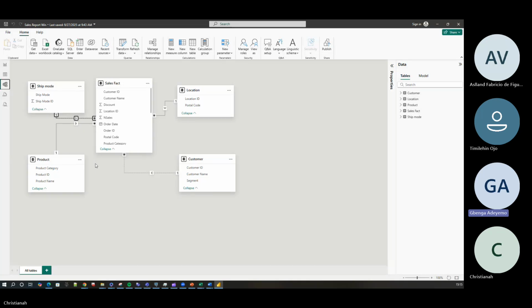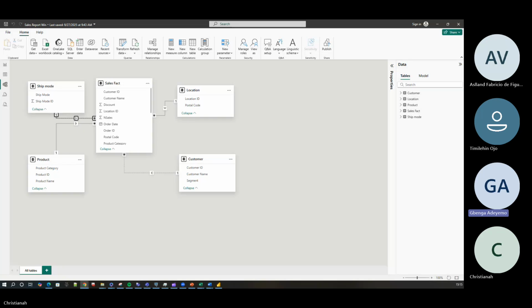Let's say we have 200 lists of ship mode, and one of the IDs now repeats. We now find one of the IDs that has duplicates. It means that it will not be one cardinality again. It is going to be many, because one of the IDs has now repeated itself, or is showing multiple times.